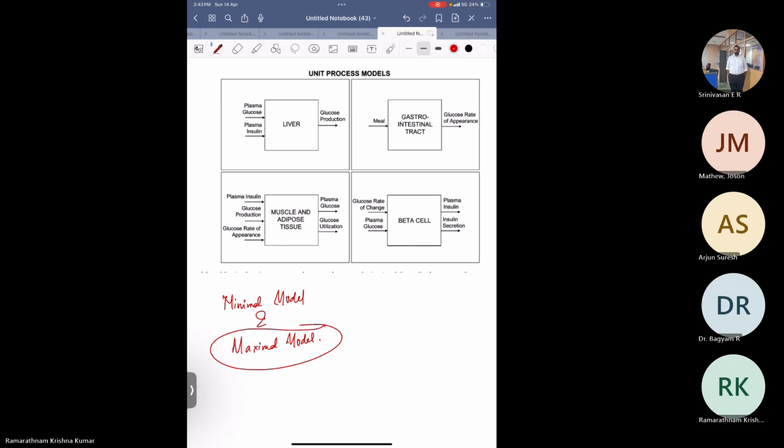To a certain extent it builds, and we'll see about the minimal model. The explanatory power may not be very high because all the physiology is playing a role, so in which case we will have what is called a minimal model. In diabetes, the most famous minimal model is called the Bergman model.